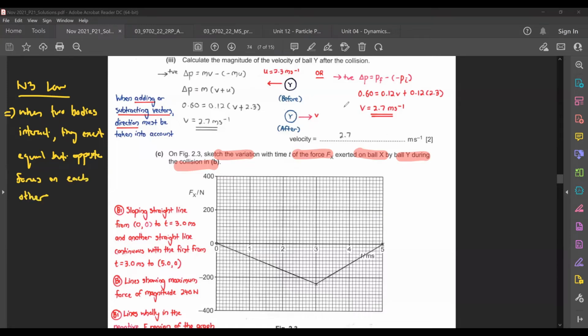So the two bodies now are X and Y. They would have to exert equal but opposite forces on each other.